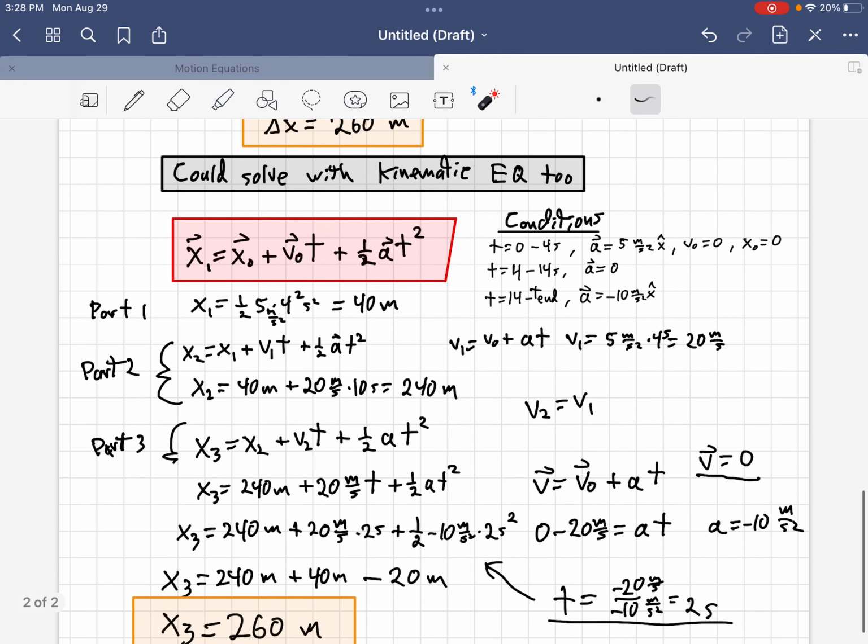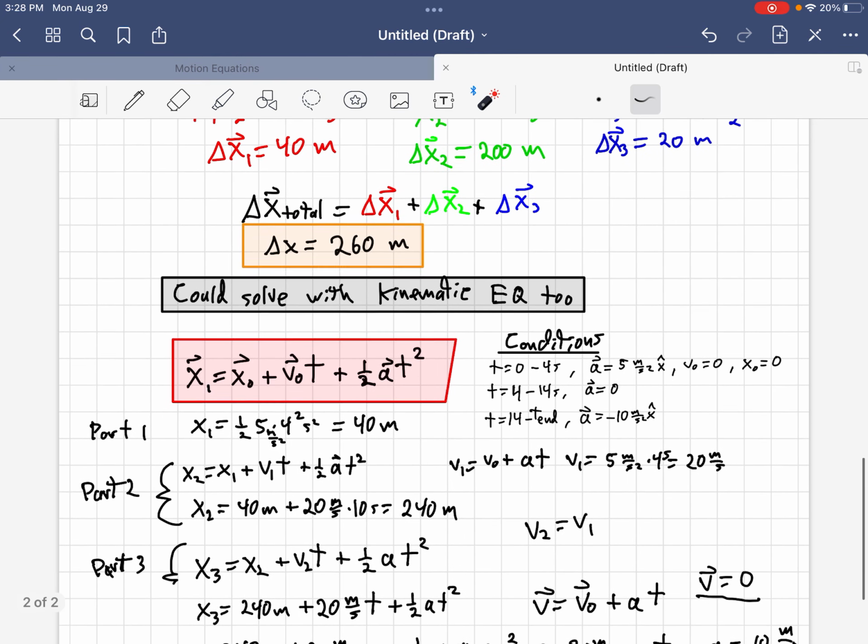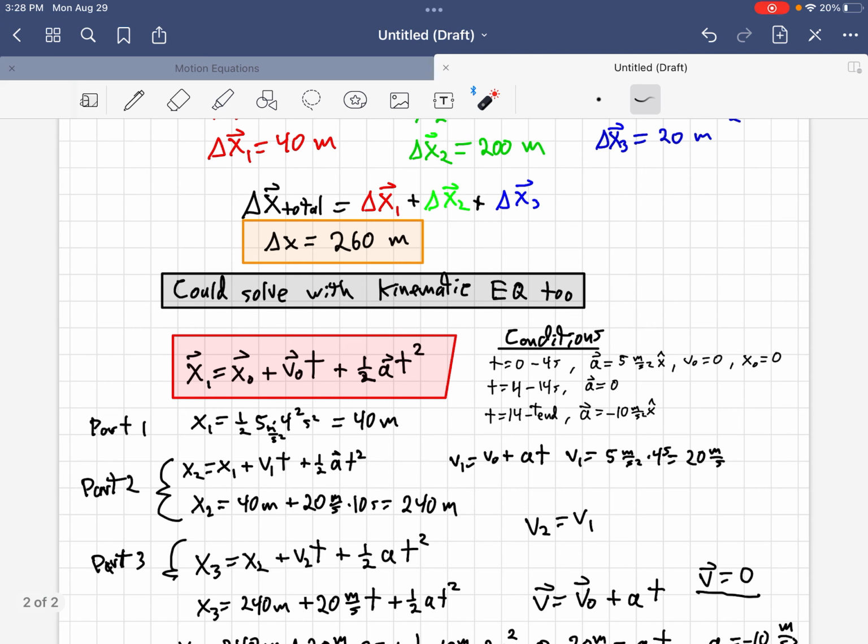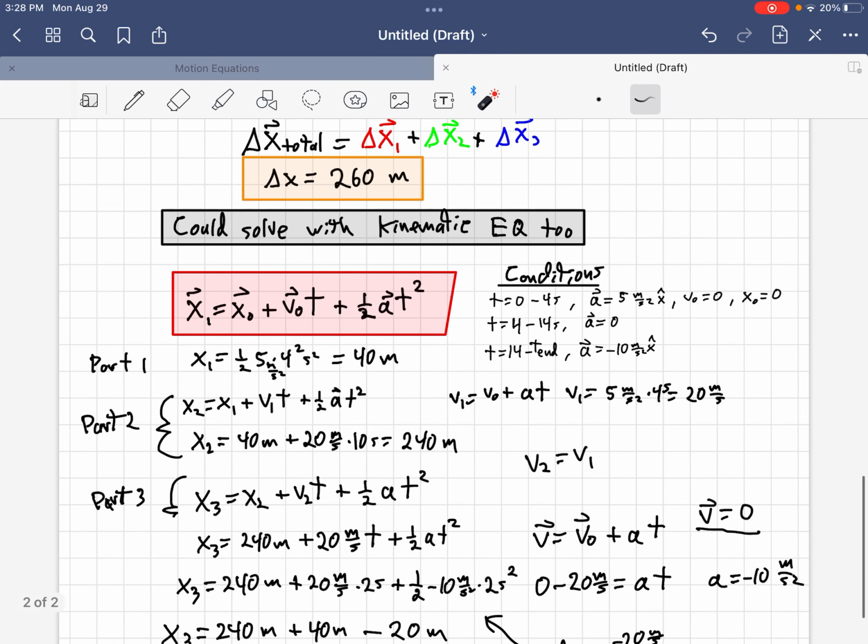For part 2, we have to keep in mind where we just finished, right? We finished 40 meters ahead. So x2, our position after part 2, is going to be our position at the start of part 2, which is the position at the end of part 1, plus our initial velocity at the start of part 2, which is whatever the velocity was at the end of part 1, times time.